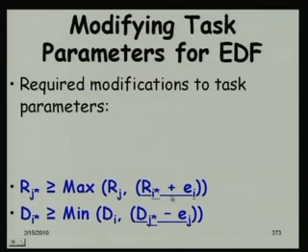So, until the task completes, we should not get the successor ready, that is the idea here. And then since the tasks are scheduled based on their deadline, we will also have to make modifications to the deadline of the tasks. This we did not have in the case of RMA.